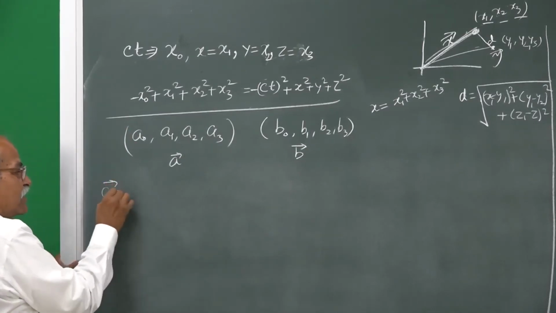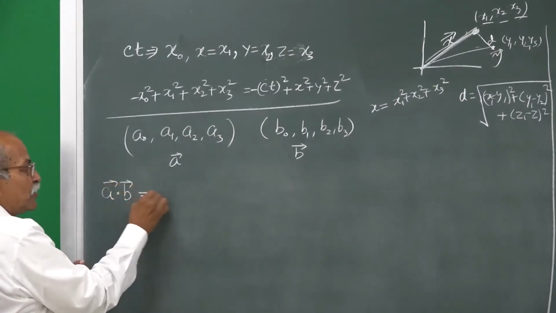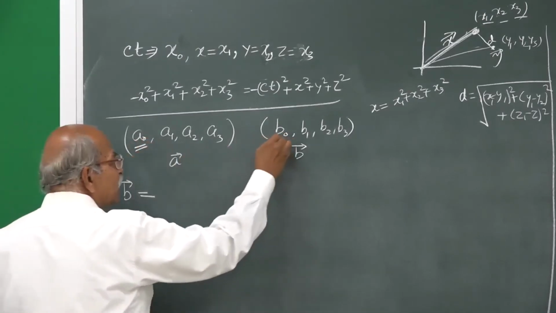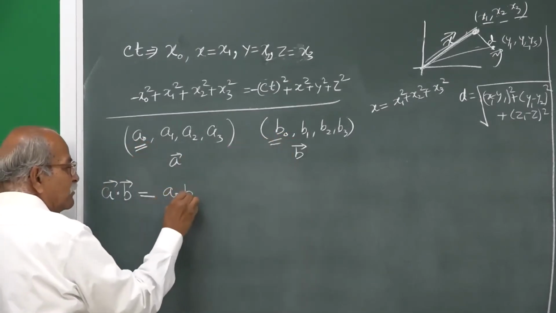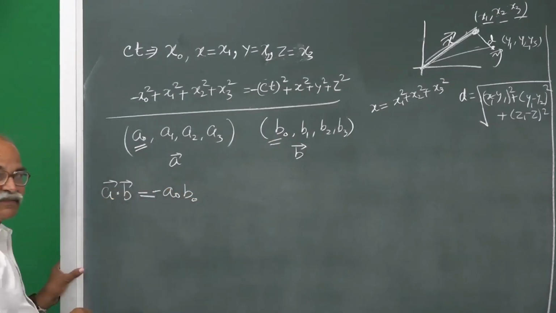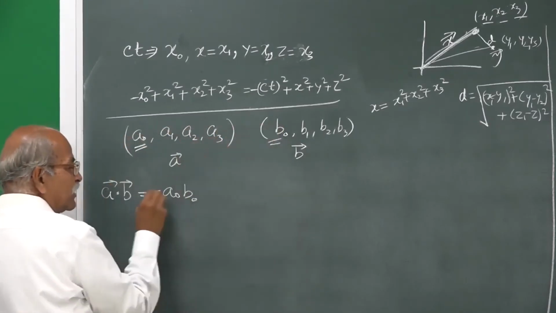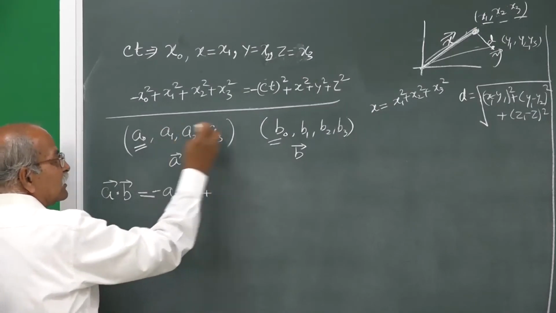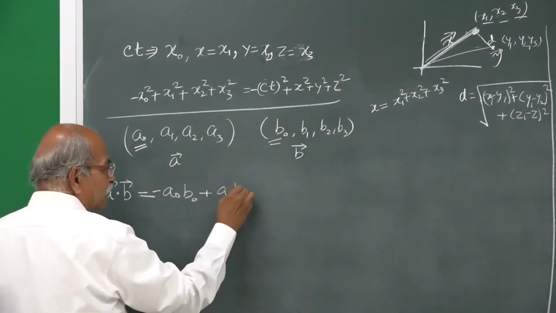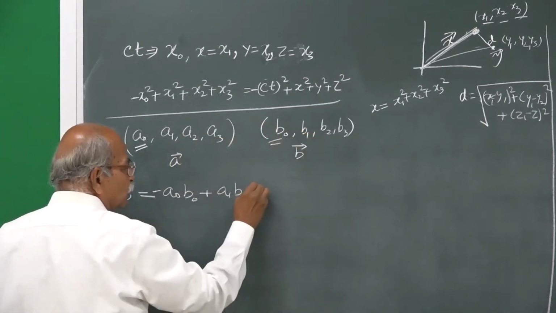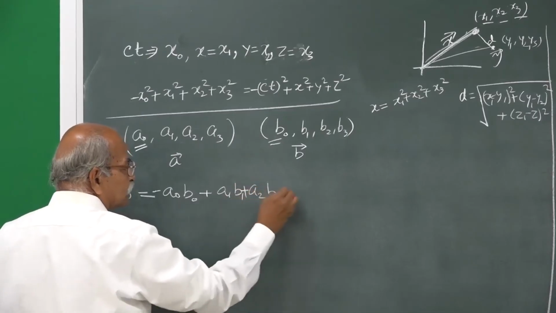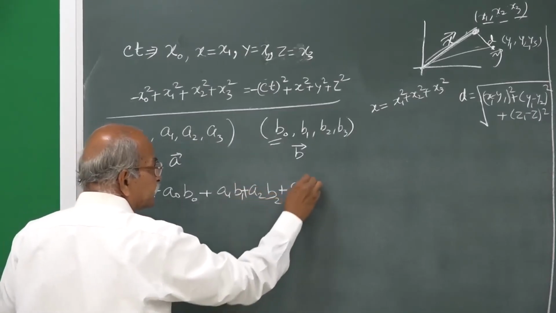And if you have to define A dot B, what you should do is, for the first component, A0 B0, put a minus sign here, plus A1 B1, plus A2 B2, plus A3 B3.